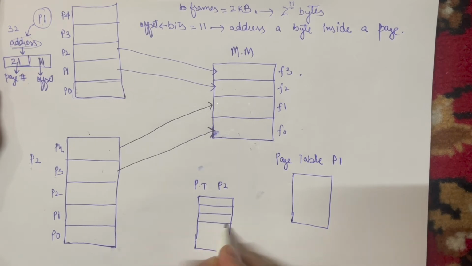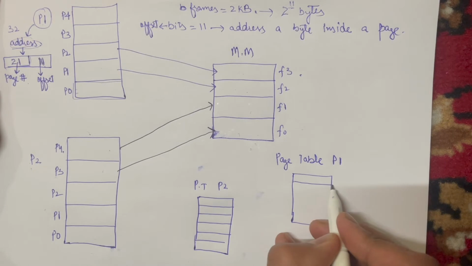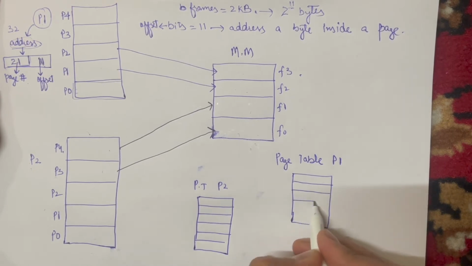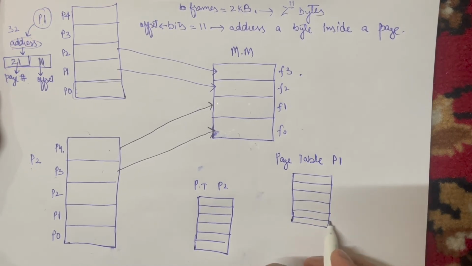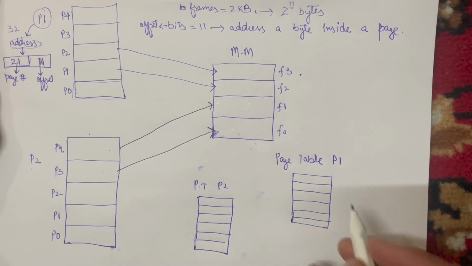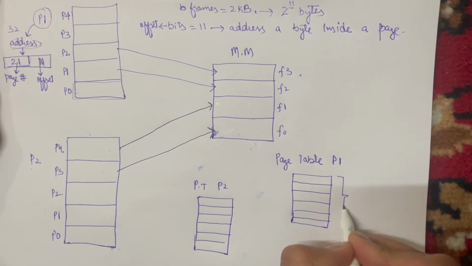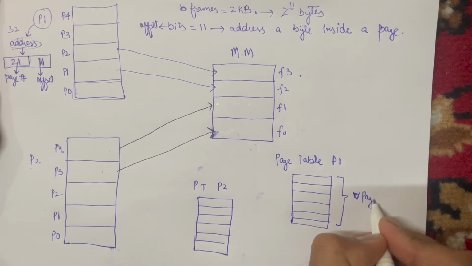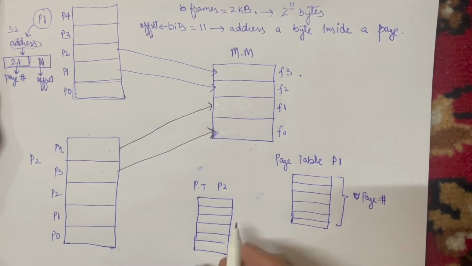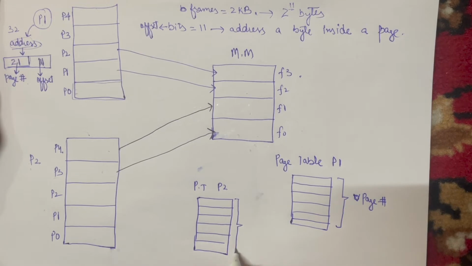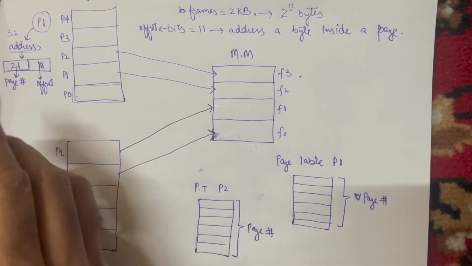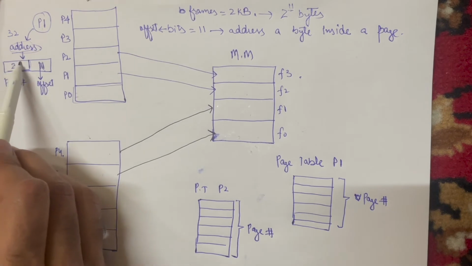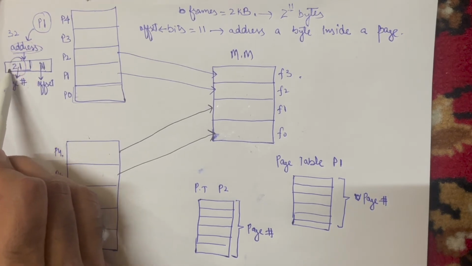So first of all, we have to understand how many locations will be there in the page table. So page table is indexed by the virtual page number, or we can say page number. Okay, so it is indexed by the page number. So here you can see, for example, in this particular example, how many pages are there.